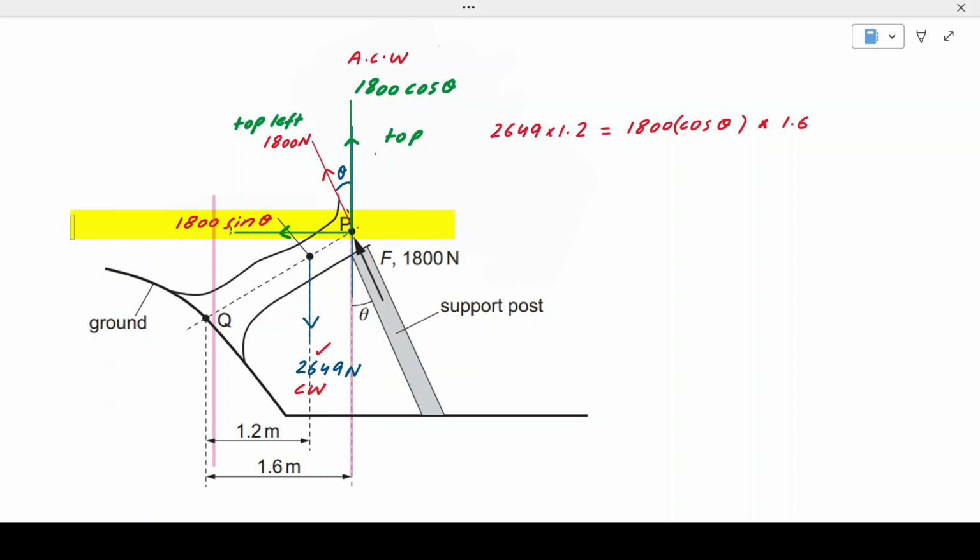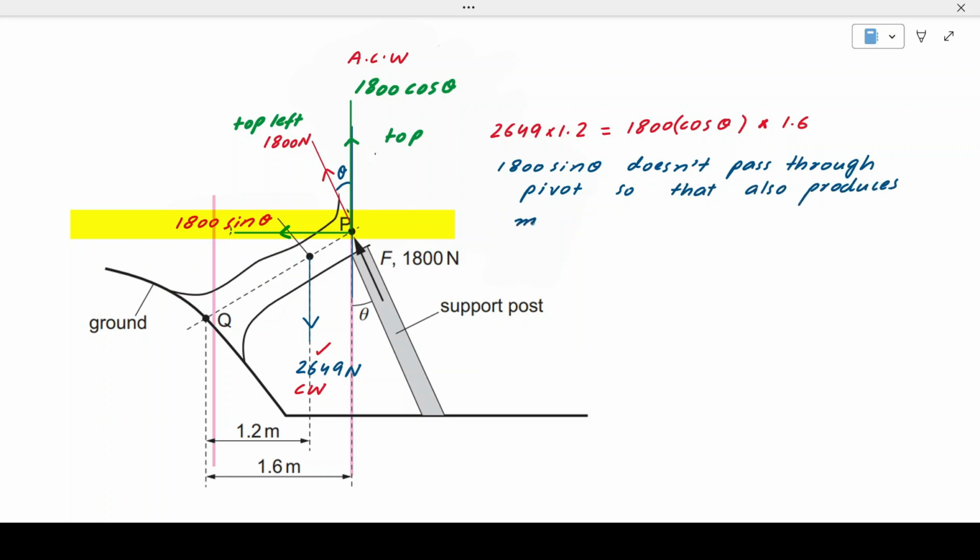In most of the questions that we get from this topic, whenever we draw the components, usually one of the components is used and the other component passes through the pivot, except for this question. So this also produces moment.